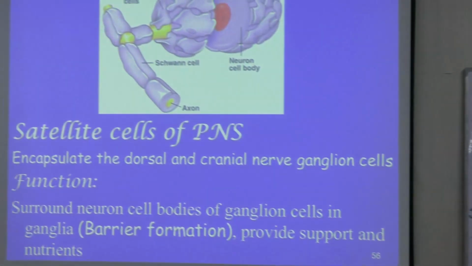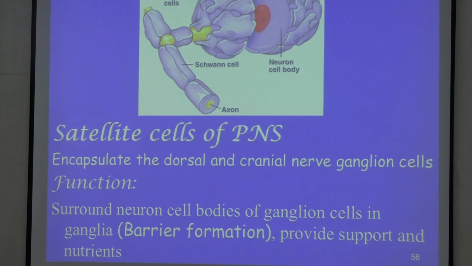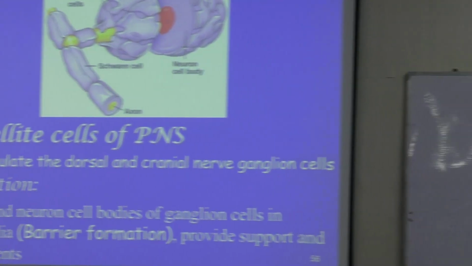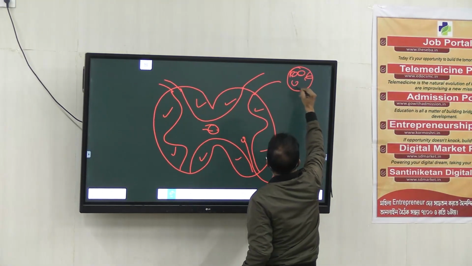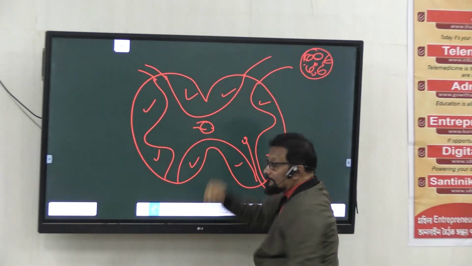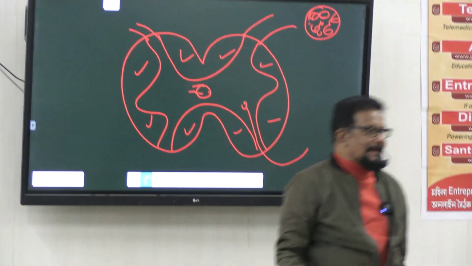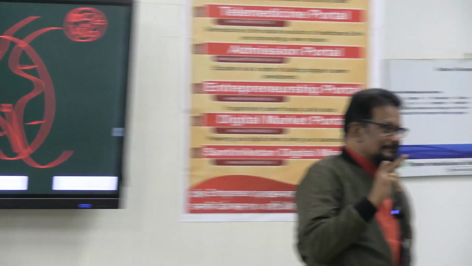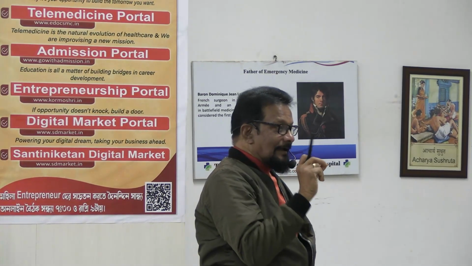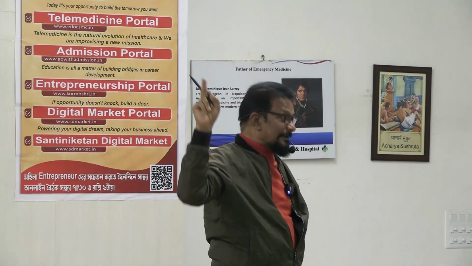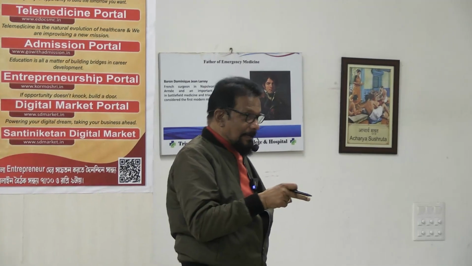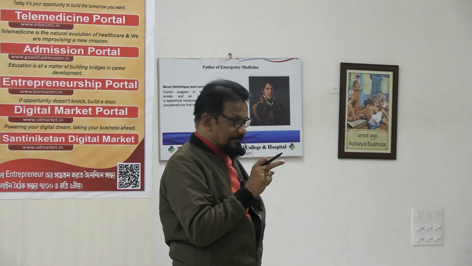You would also find them in the dorsal root. Here are also some ganglia. This ganglia comes under the parasympathetic nervous system, and this ganglia comes under the sympathetic nervous system.